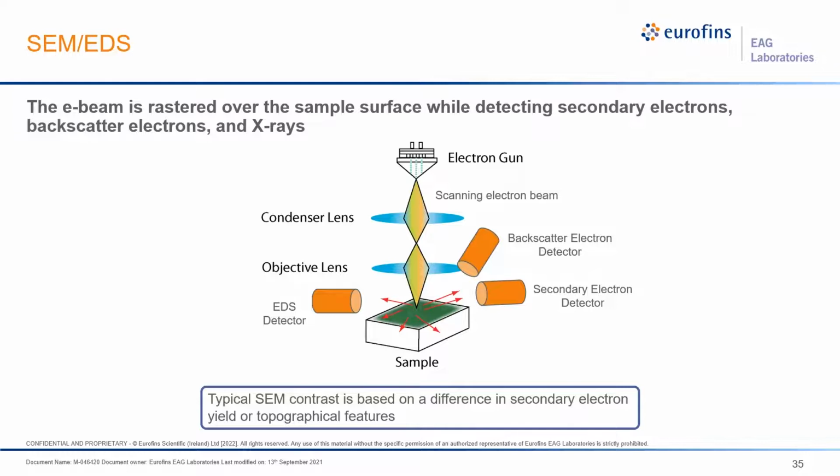So there are 3 different detectors to detect the different radiation or emission from the sample. Of course, we have the EDX detector and the backscattering detector along with the secondary ion detector. This is a typical SEM setup. The one we focus on is the EDX detector.